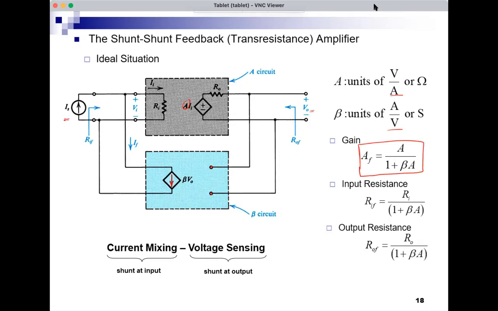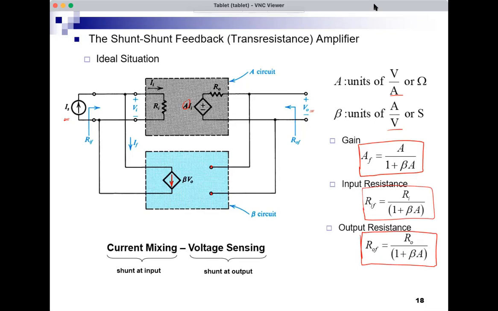Gain with feedback is the gain without feedback divided by 1 plus beta A. We can also analyze the circuit C to find its input resistance, and we will get this result, that the input resistance is the original one of the amplifier without feedback over 1 plus beta A, which means that the input resistance is decreasing. Output resistance also, we can show it's RO over 1 plus beta A.